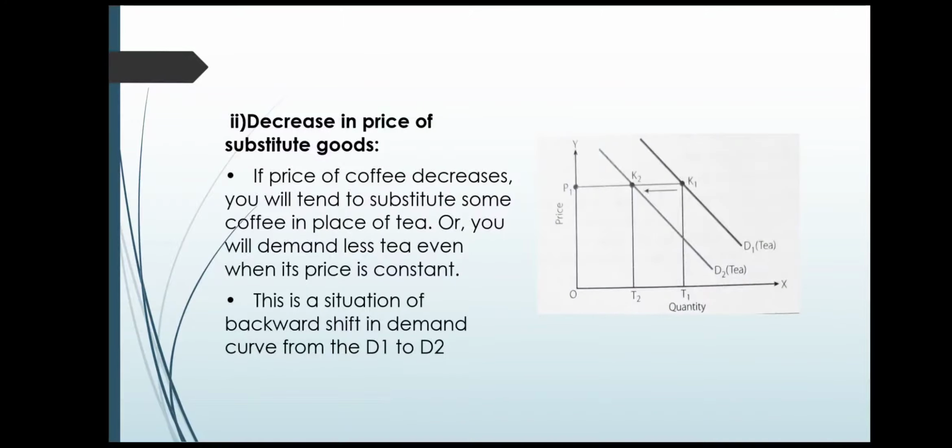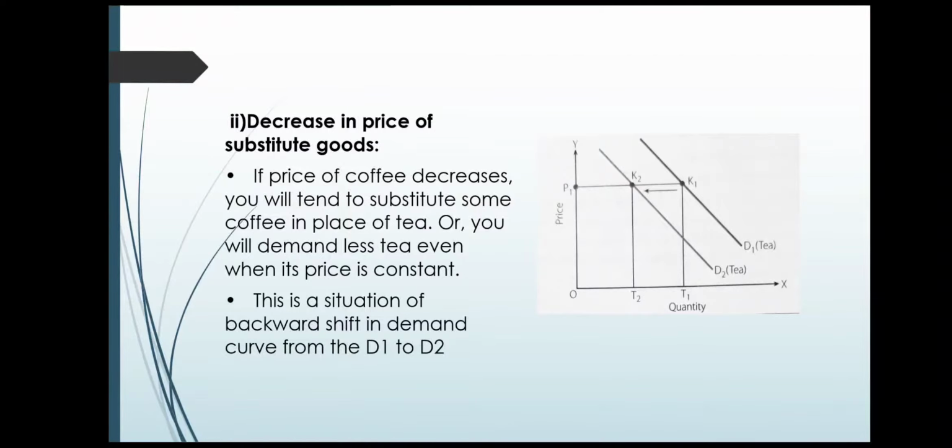Now another scenario is where there is a decrease in the price of substitute goods. If price of coffee decreases, you will tend to substitute some coffee in place of tea, or you will demand less tea even when the price is constant. This is a situation of backward shift in demand curve from D1 to D2.